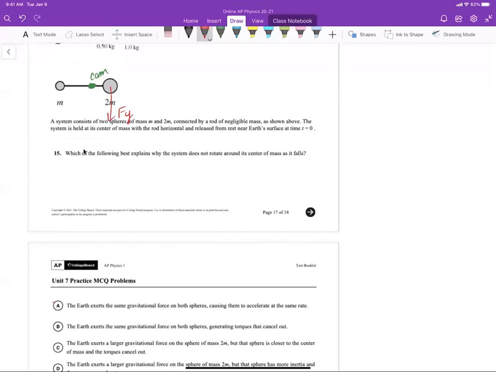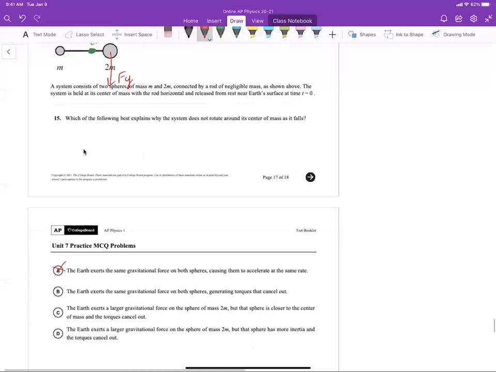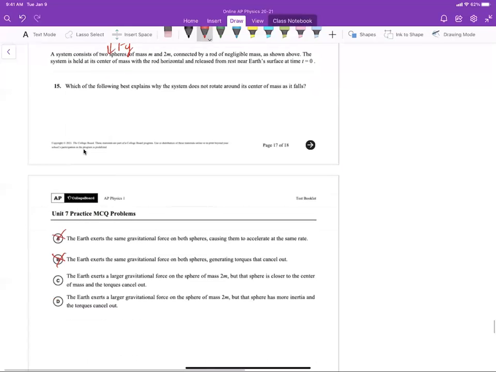So no. Generating torques that cancel out. Once again, it does not create the same gravitational force on both spheres.